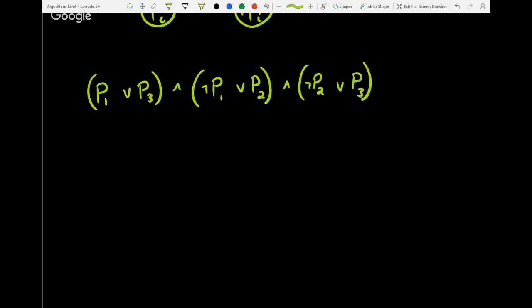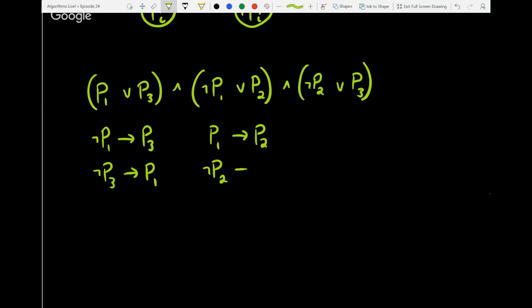Okay. So for every single one of these ors, we can turn them into implications. So I get not P1 implies P3, not P3 implies P1. I can do P1 implies P2, not P2 implies P1. So again, you just think of like if one thing is certain, what can you infer? That tells you how to get the implication.